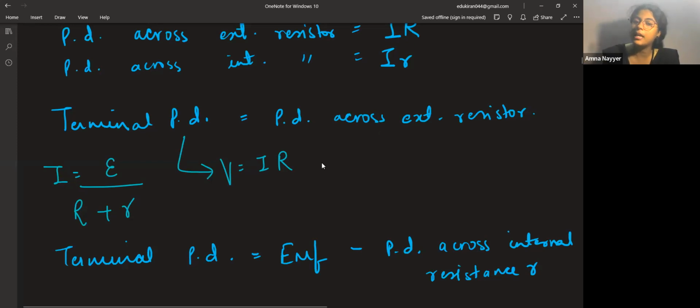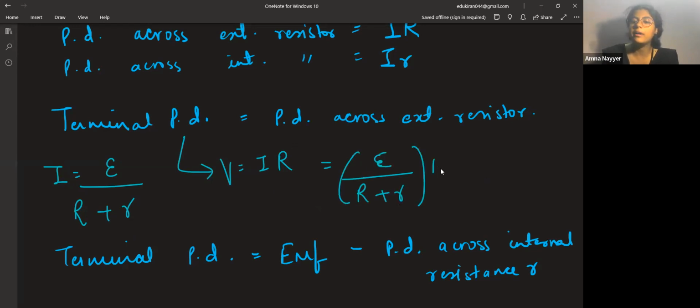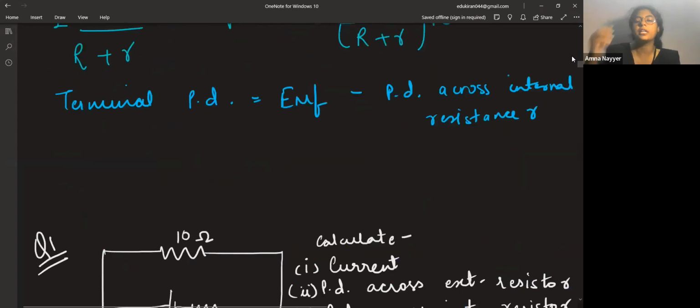I into capital R. So the value of I is E by R plus r, multiplied by capital R. One more formula of terminal potential: this is basically the net potential difference. If you separate the EMF and the potential difference across the internal resistor, the rest which is left will be the terminal potential difference, right?